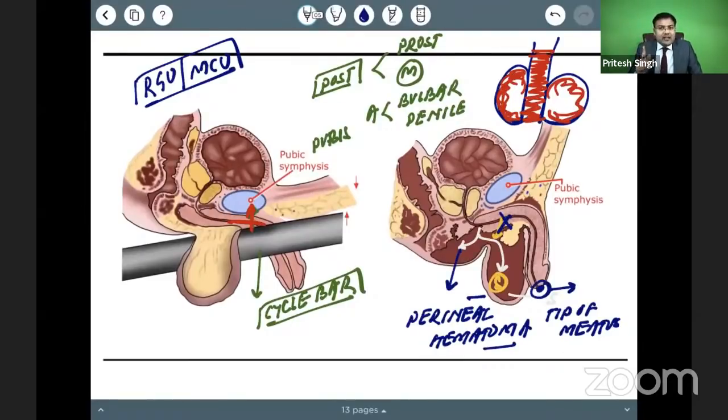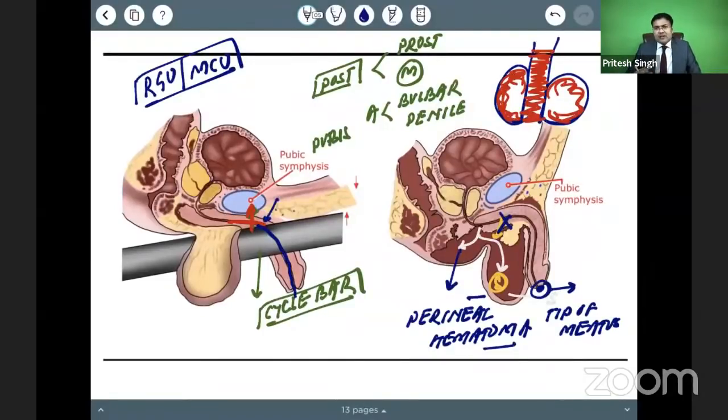Doesn't matter if it is anterior or posterior. RGU or MCU? Everybody is correct, RGU, because we perform RGU. You inject the dye from the urethra and you see where the injury is.